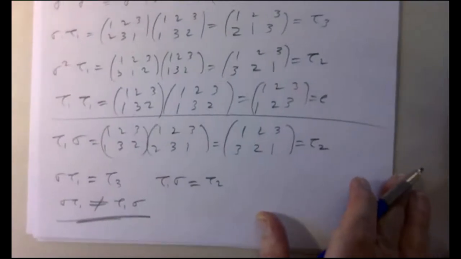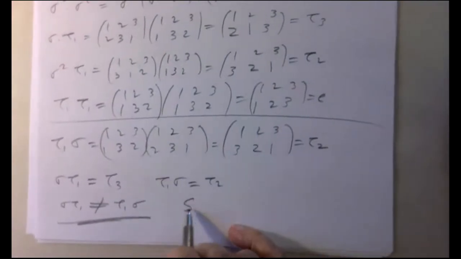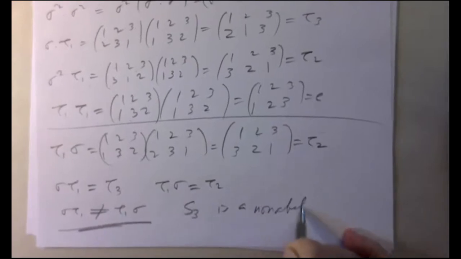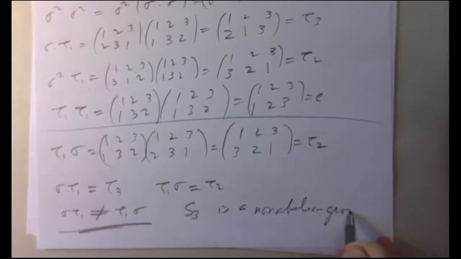They're different. So the order of multiplication matters. This just is another example of the fact that S3 is a non-abelian group.